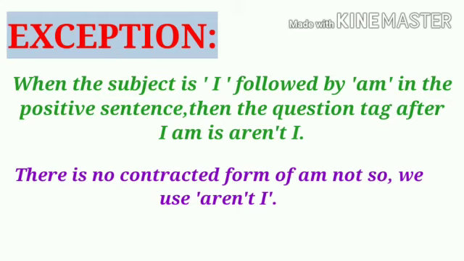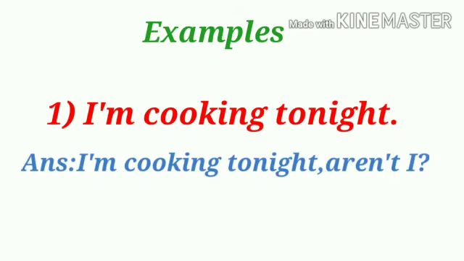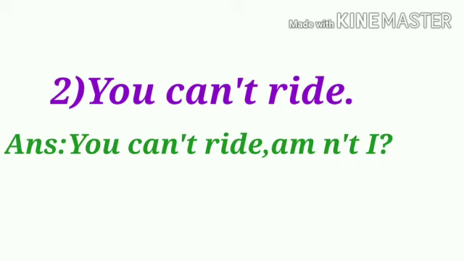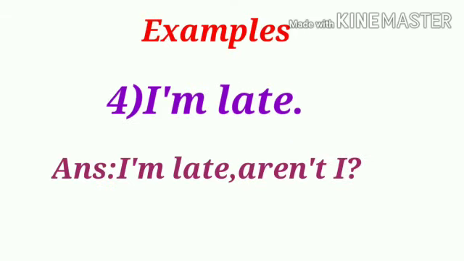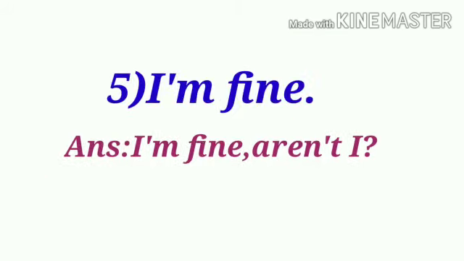So we use aren't I. For example, I am cooking tonight. Aren't I? You can't write amn't I. That is wrong. Let us see few more example. I am late. Aren't I? I am fine. Aren't I?